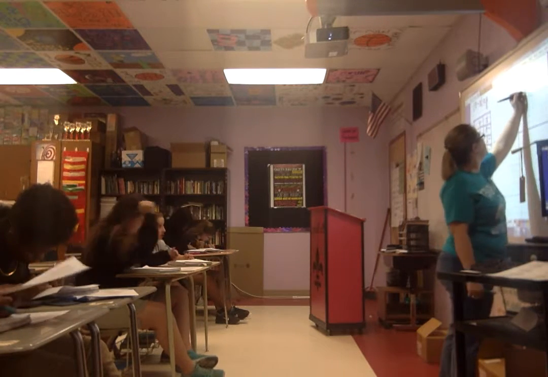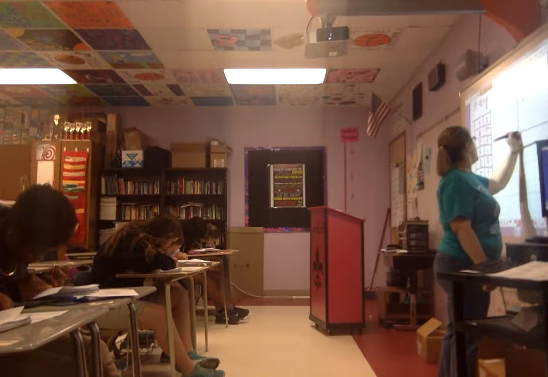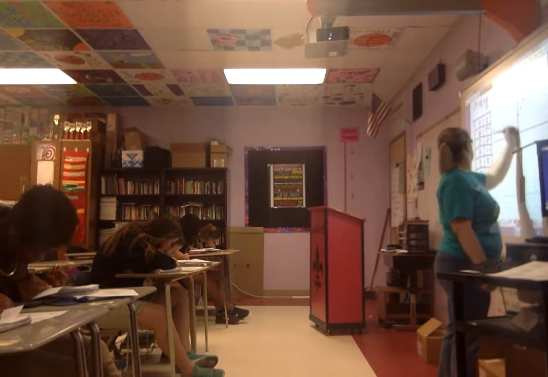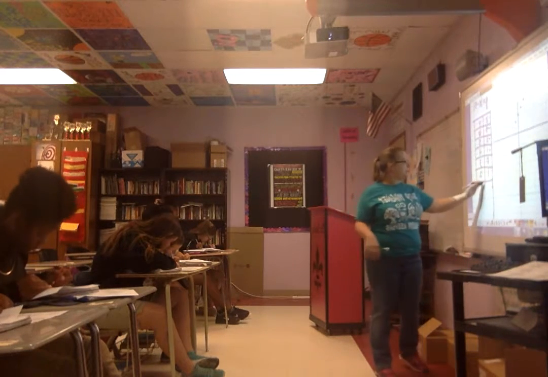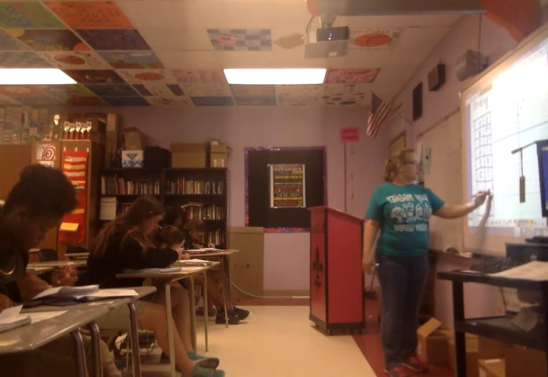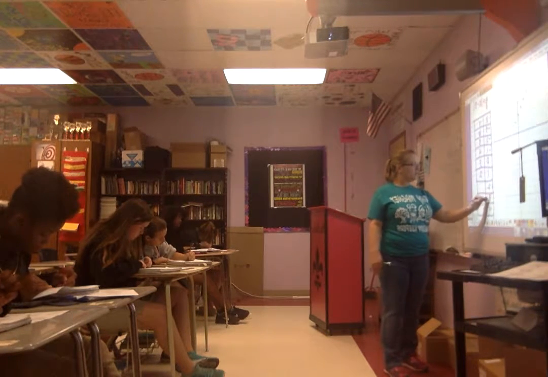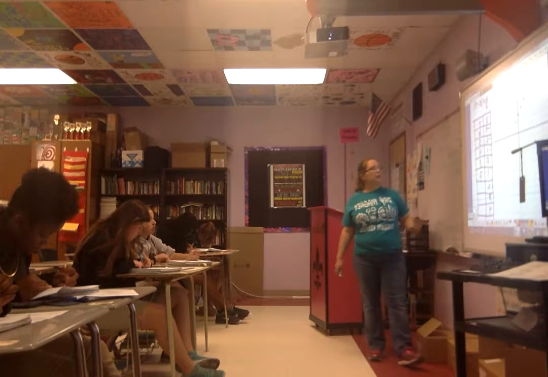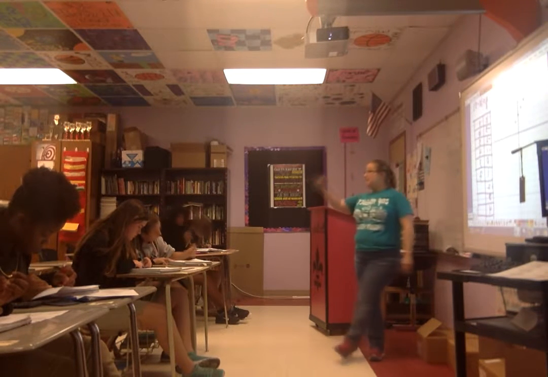Negative 3, 6. Negative 2, 5. Negative 1, 4. 0, 3. 1, 2. I'm not quite there yet. I need some more points. Okay, so let's do 2, 3, 4. All right, so 2 minus 3 is negative 1.